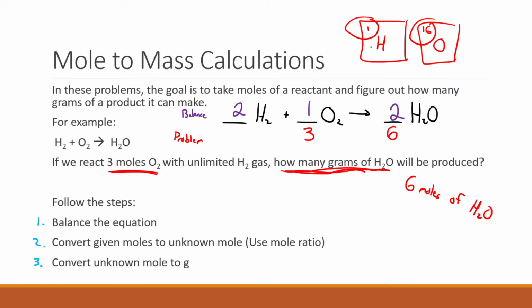So we know if we have H2O, which is an H and an O, 1 plus 16 for a total of 18 grams. We know what 1 mole of water weighs.